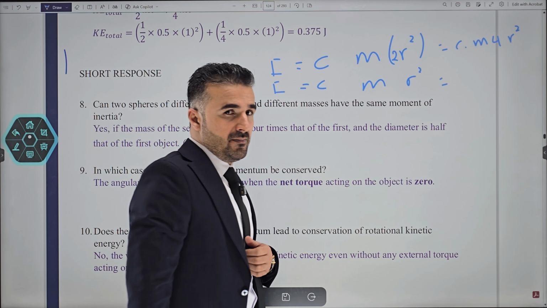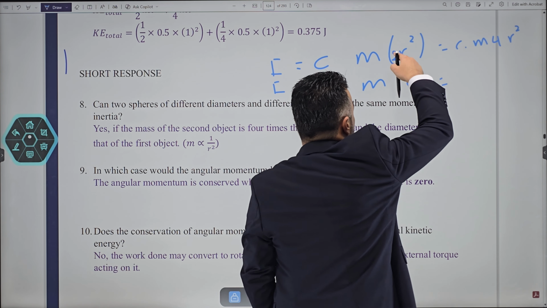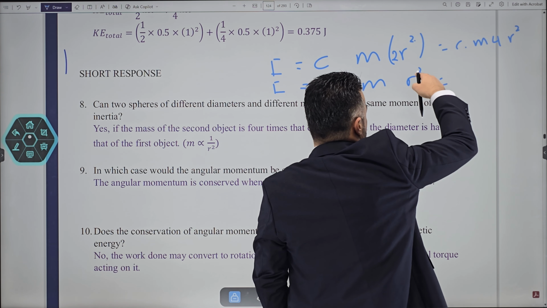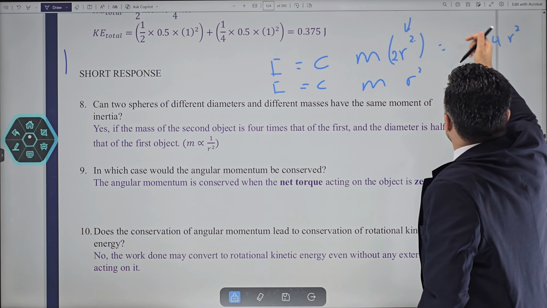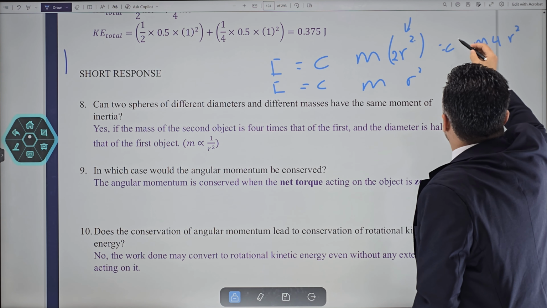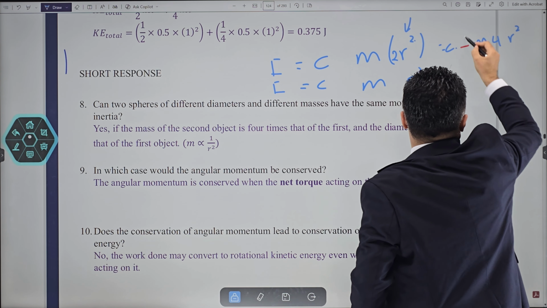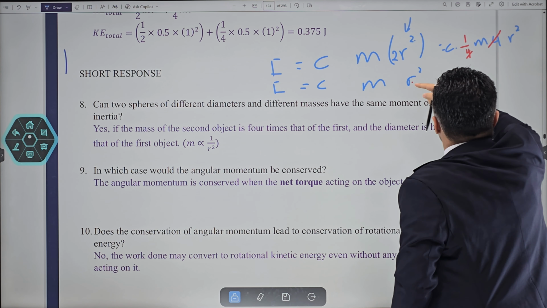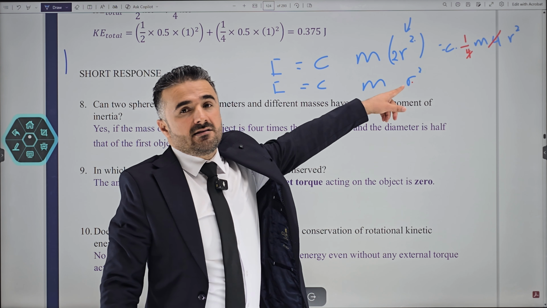If the radius of this one is 2 times bigger than this, then the mass of the same object, of course, has to be 4 times less, so that this 4 and 4 cancel out. So these two both will end up having the same moment of inertia.